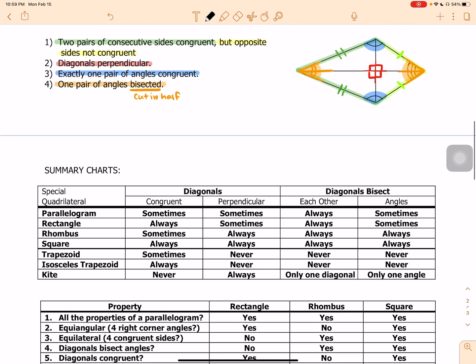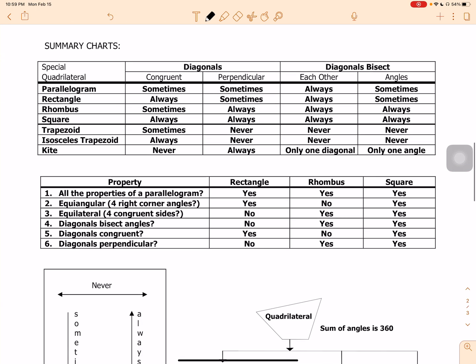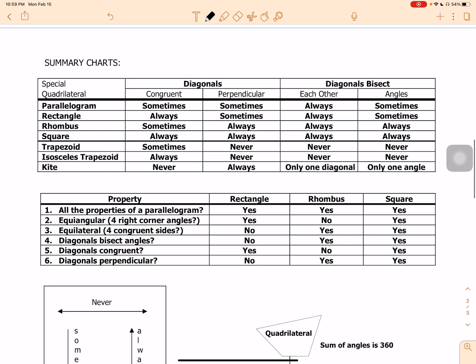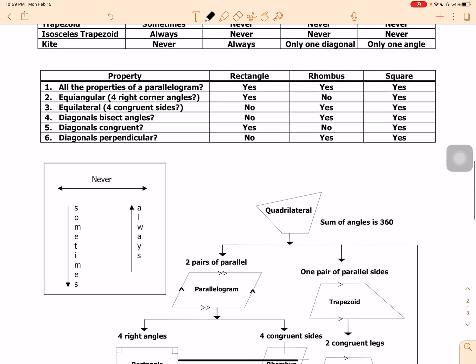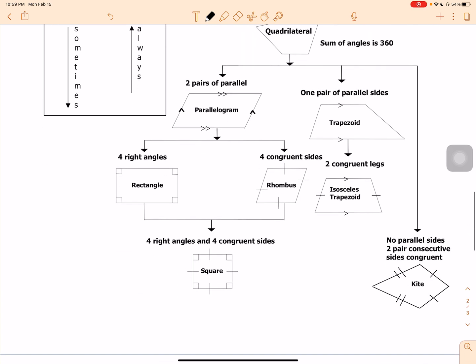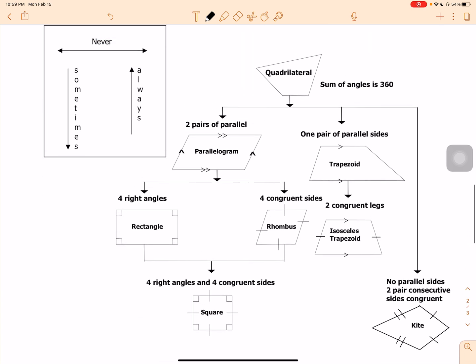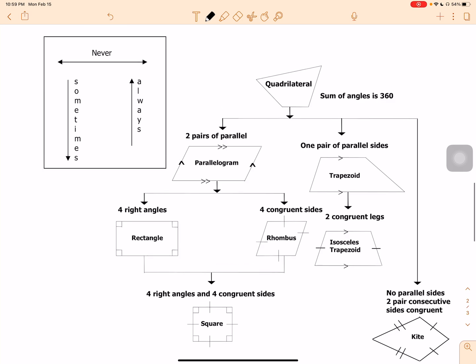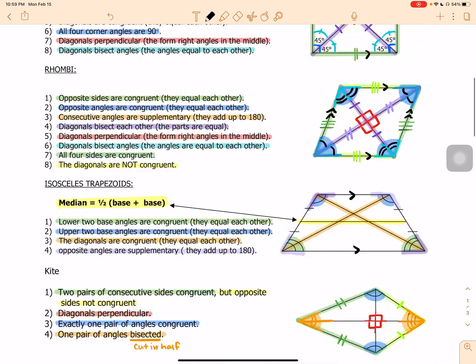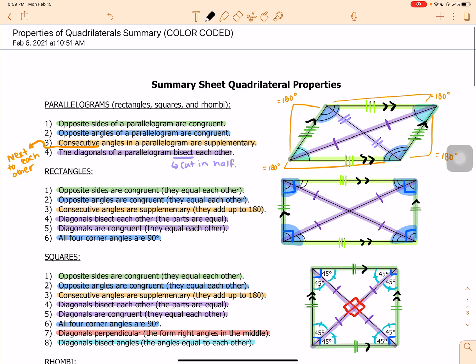And then you can even see these little summary charts. It looks at the diagonals, whether or not the diagonals bisect, which means that they cut them directly in half. And here's a chart to show you which ones branch off of each other, which ones have in common. So definitely look through these notes before you do the worksheet, okay?